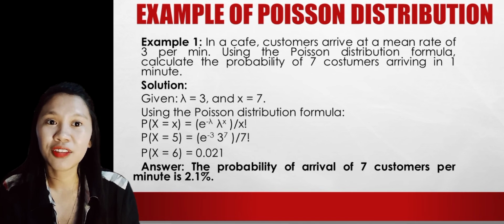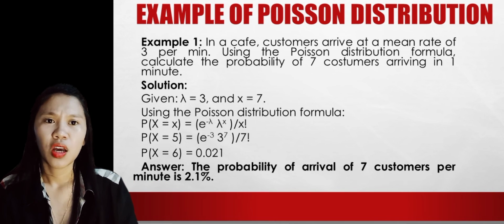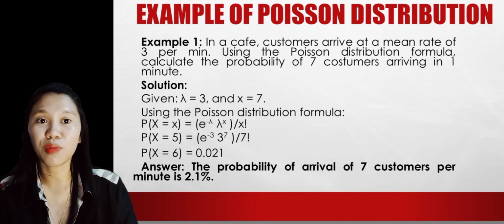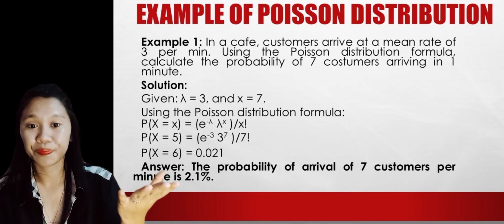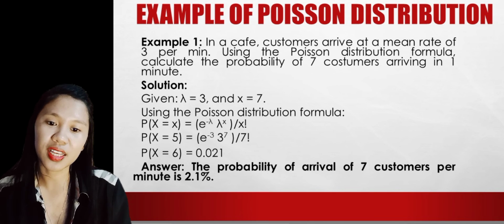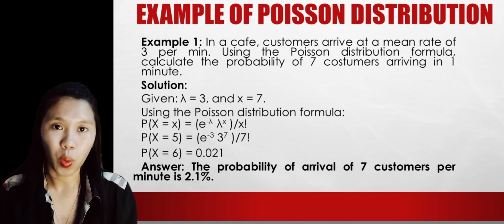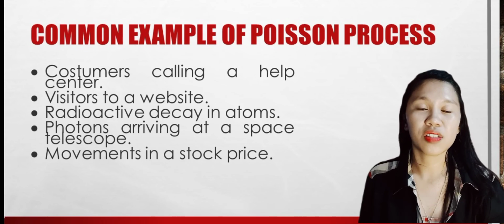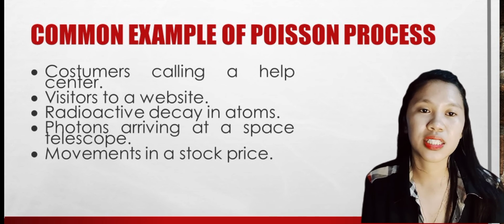The given is lambda equals 3 and x equals 7. Using the Poisson distribution formula, the answer is that the probability of the arrival of 7 customers per minute is 2.1%.